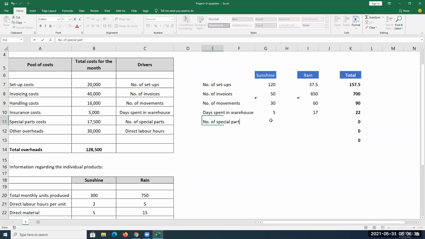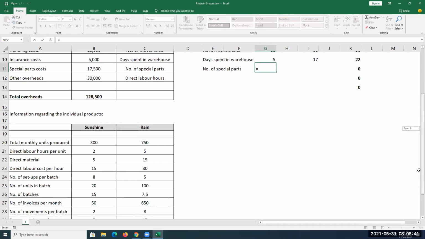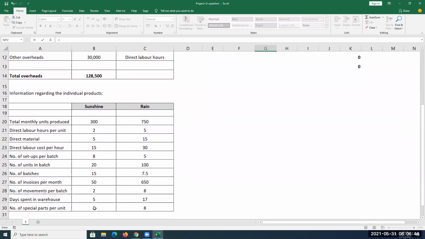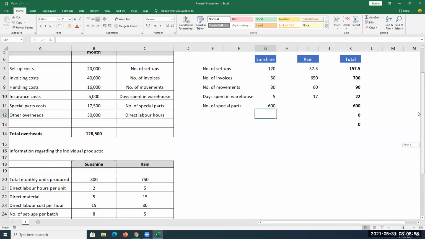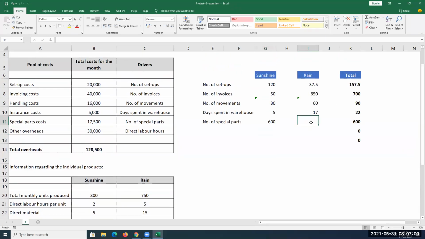For Sunshine, the number of special pots is 2 per unit. So we need 2 special pots to make 1 unit, multiplied by how many units we are producing in the month, 300. So we need 600 special pots for Sunshine.